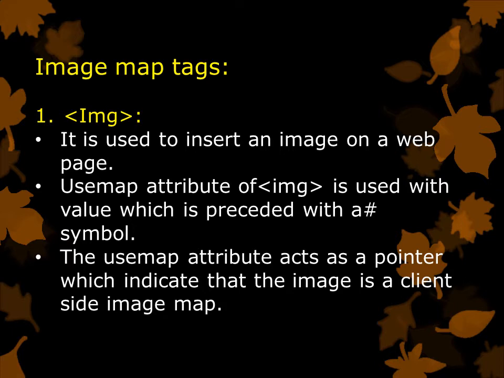So abc is the value of the usemap attribute and it is preceded by a hash symbol. The usemap attribute acts as a pointer which indicates that the image is a client side image map. So when we use the usemap attribute, then we are using client side image mapping.